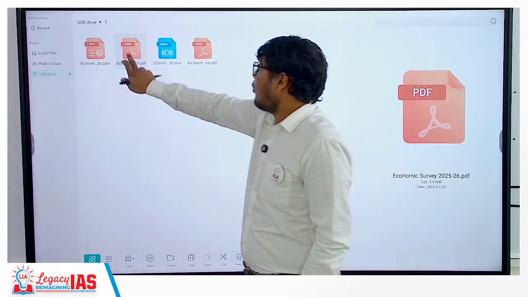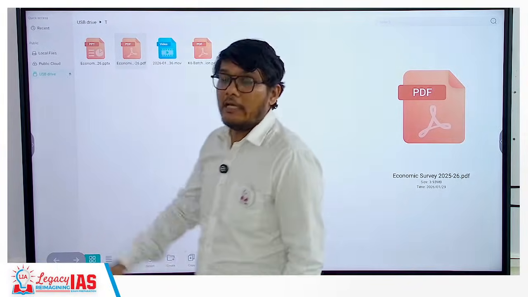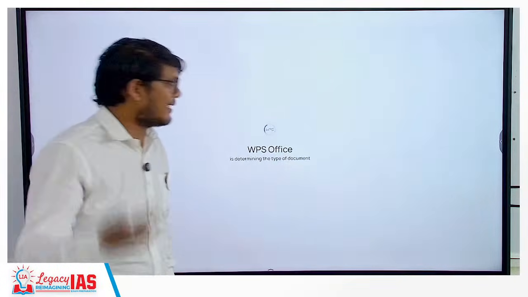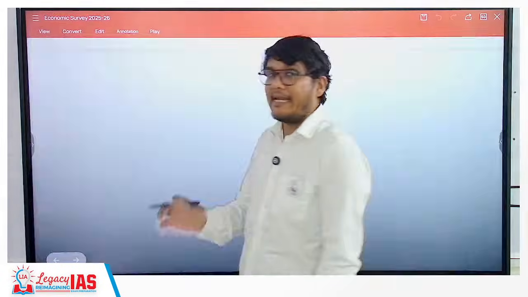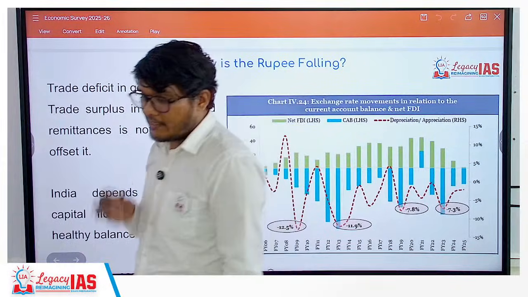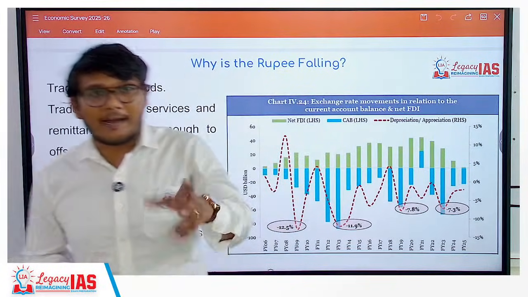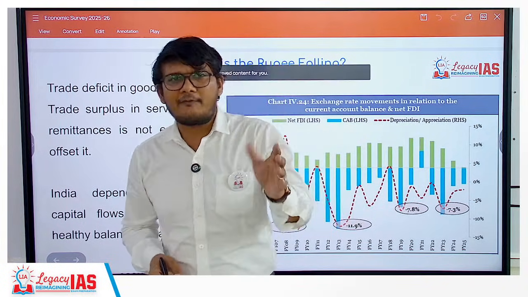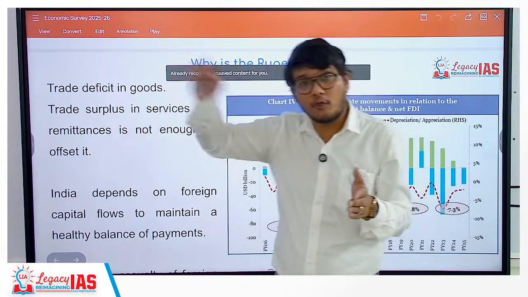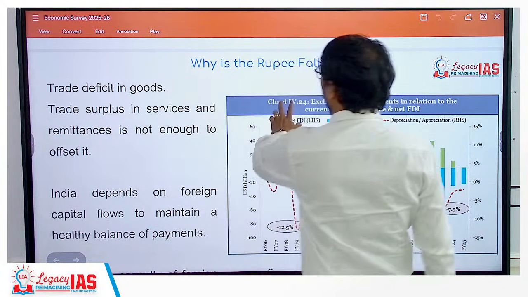That means $1 actually became 90 rupees plus. So what is that? That is a high depreciation of the Indian rupee. That means the Indian rupee has depreciated by around 5 rupees. Initially it was 84.9 or 84.5 and then it crossed 90. So more than 5 rupees of depreciation is what we have seen.